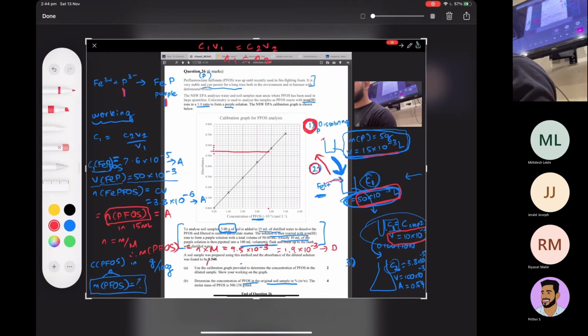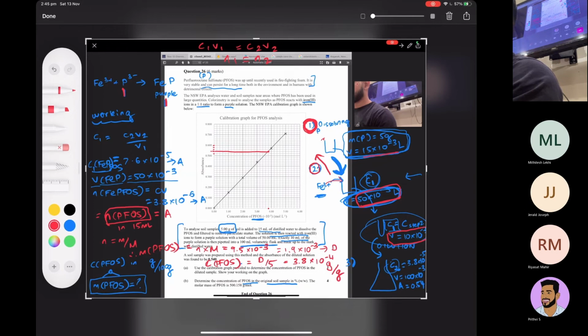Therefore, the concentration of PFOS is equal to D divided by 5 grams of soil. So what do we get? So that's the grams of PFOS per gram of soil.